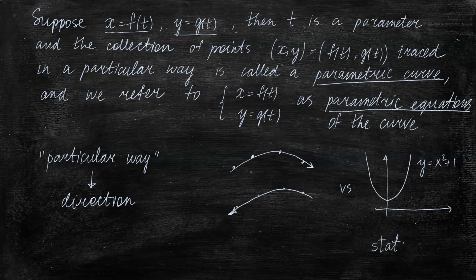The graphs of functions are static, and the graphs of parametric curves are dynamic. So we have some sort of motion associated with this image, right? If the arrow points this way, that means we can think of some particle and this curve representing its trajectory.